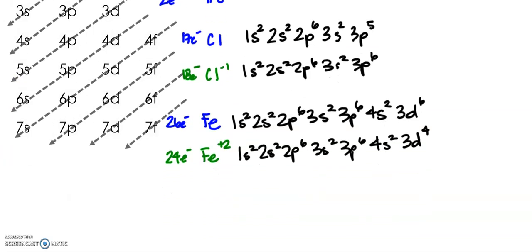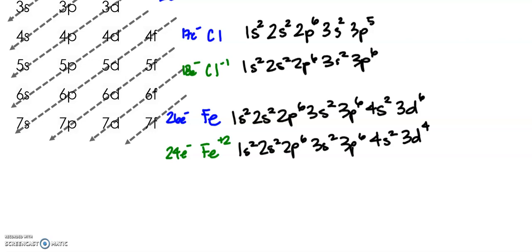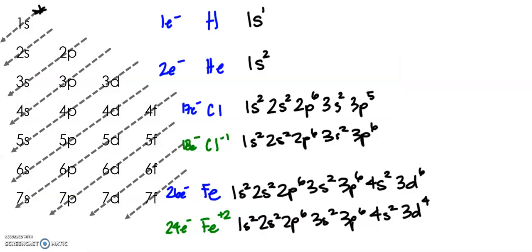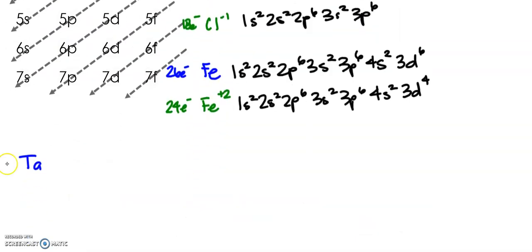All right, I'm going to do one more. We're going to do a nice long one to kind of get a whole bunch and write all this out. All right, so I'm going to write it over here. So we're going to do Ta, which is atomic number 73. So 73 electrons. Okay, so I'm going to write 1s2. We always start there. 2s2, 2p6.